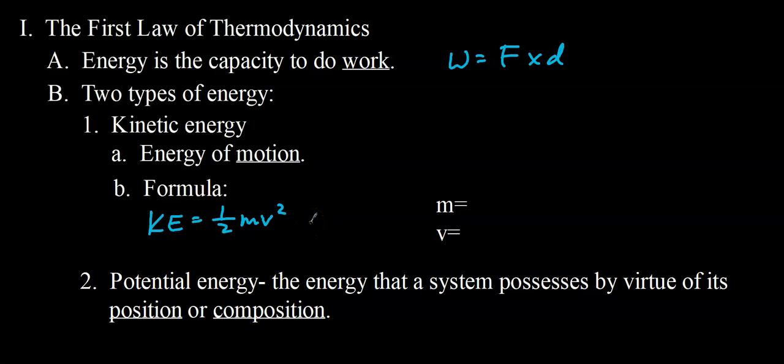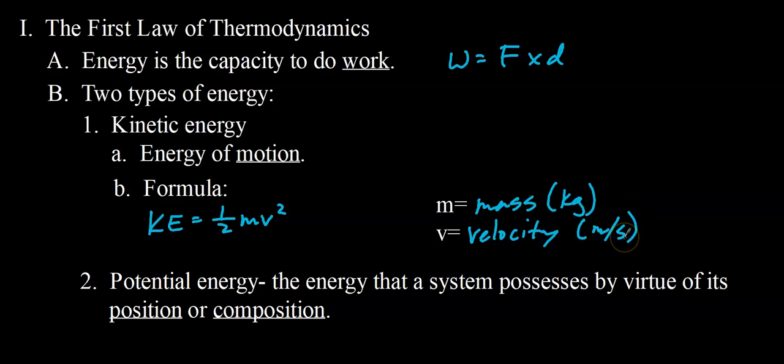This is a small v, so be careful. There's a difference between a little v and a big V. m is the mass of the object that is moving, technically in kilograms. And little v, again energy of motion, is the velocity of the particle in meters per second.